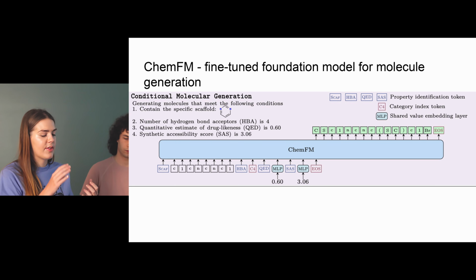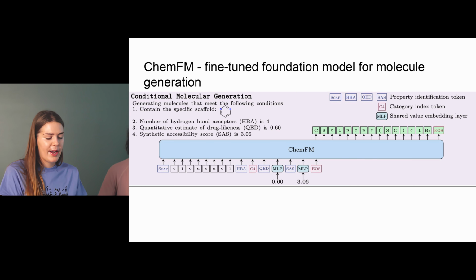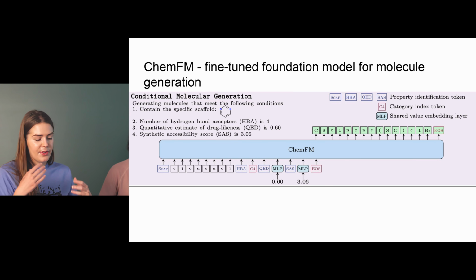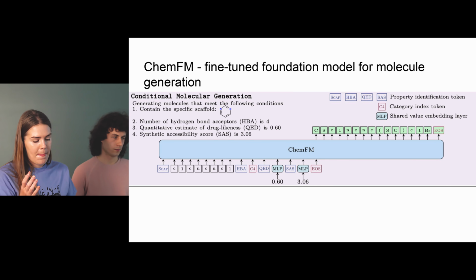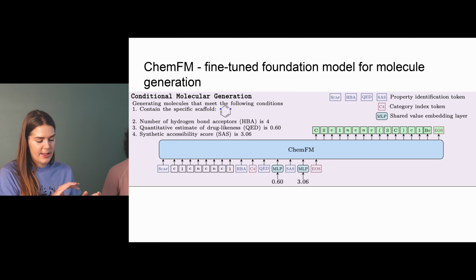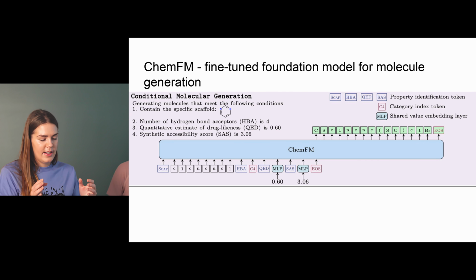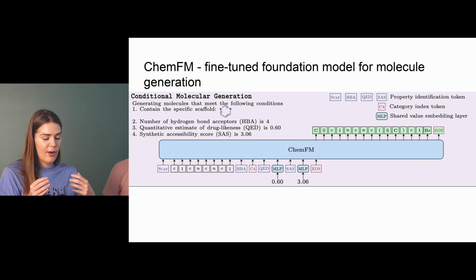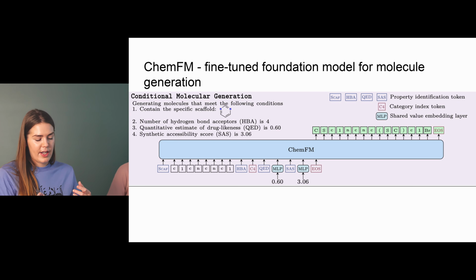And for this particular task, so for conditional molecular generation, this model was fine-tuned by feeding a scaffold or the conditions as tokens, and after the tokens there were provided either the characters of the scaffold or the MLP, so embedding of a given condition.